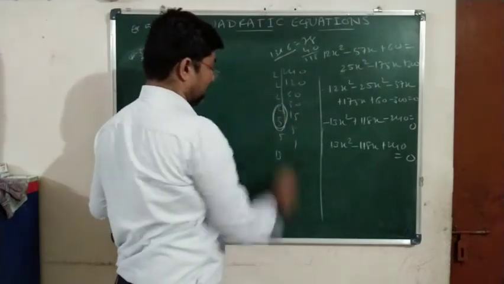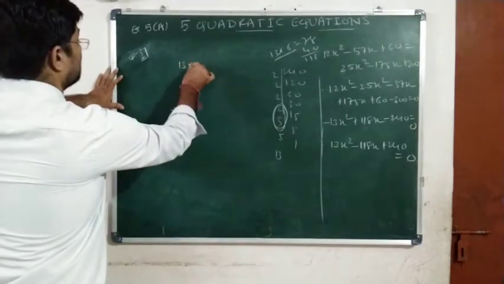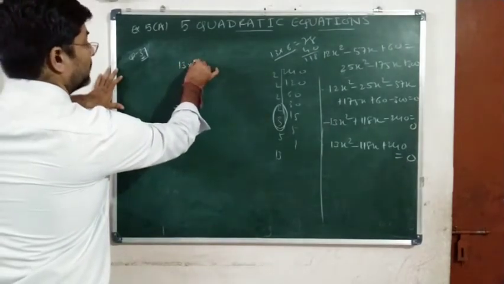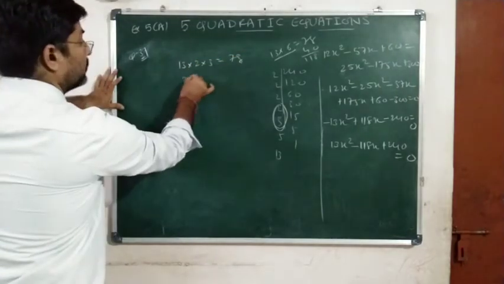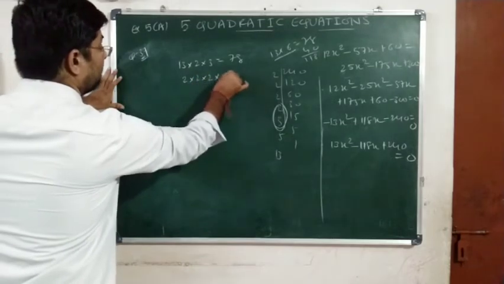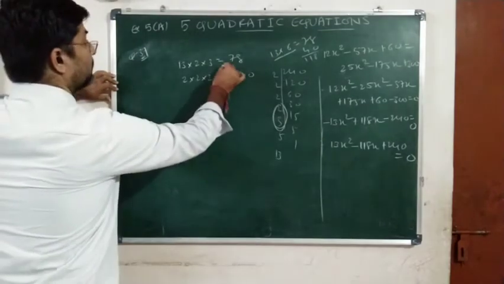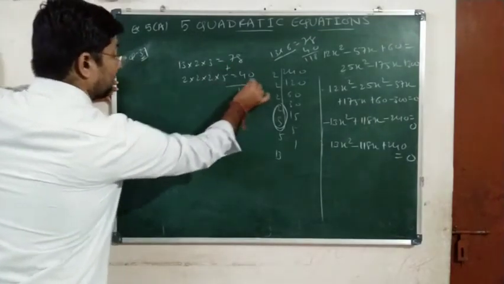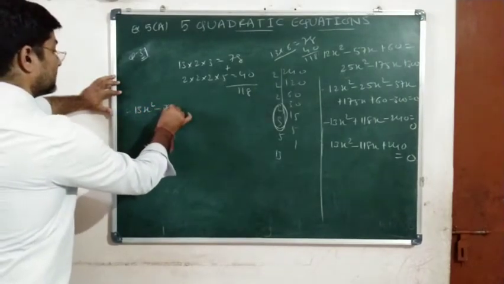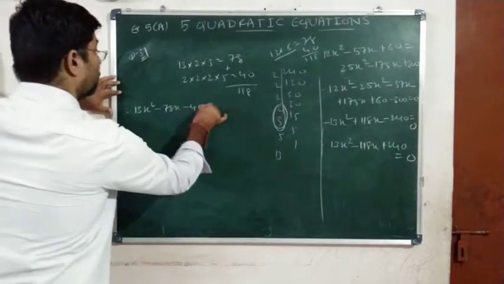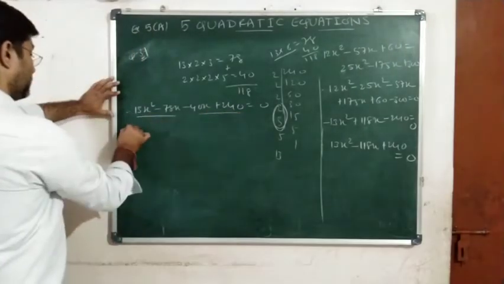13 into 2 into 3 is 78. Okay, that is number 1. And 2 into 2 into 2 into 5 is equal to 40, and if you add the two numbers you will get 118, and therefore 13x square minus 78x minus 40x plus 240 is equal to 0.